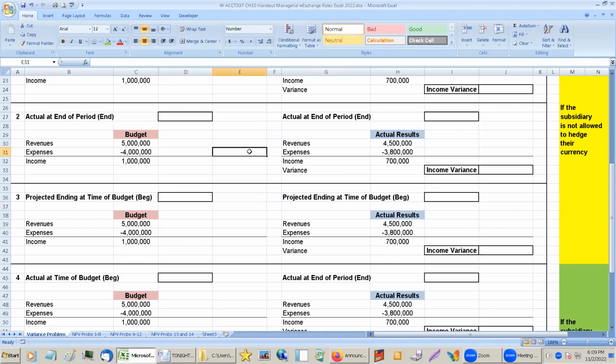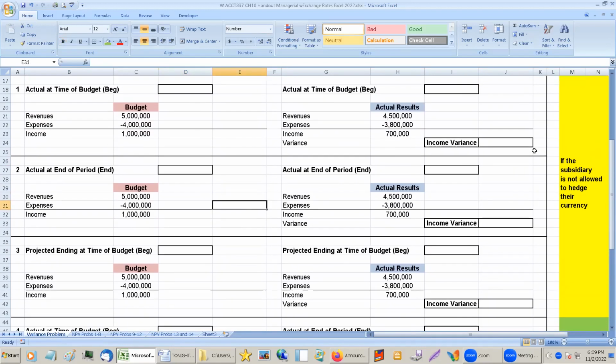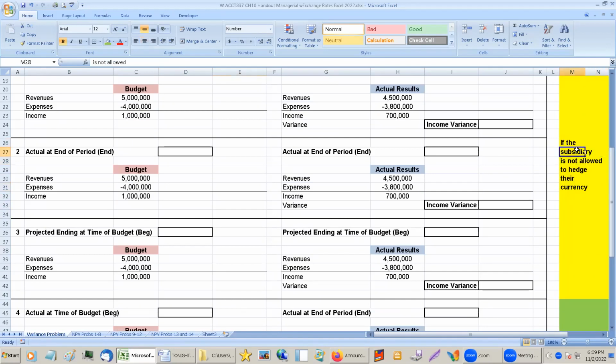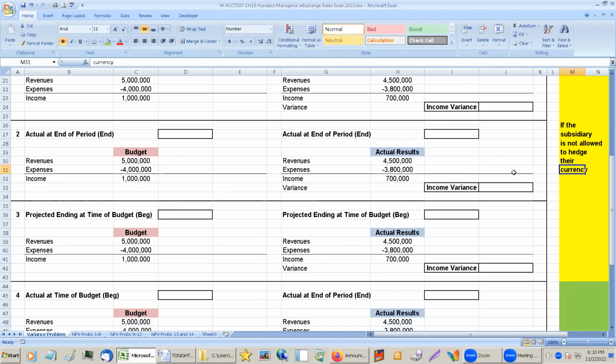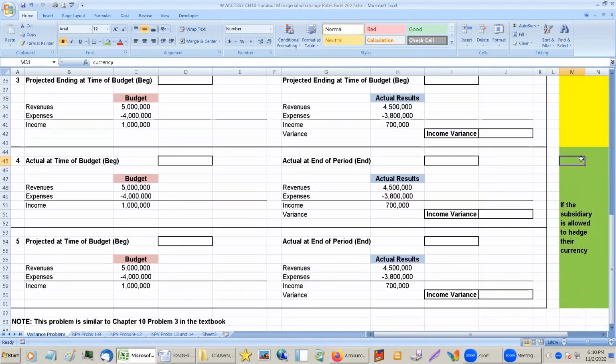Make sense? So because these first three are for subsidiaries that are not allowed to hedge their currency, we don't hold them responsible. These last two, if they do have the ability to hedge the currency, come into play.